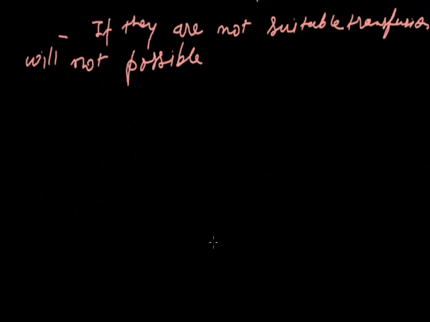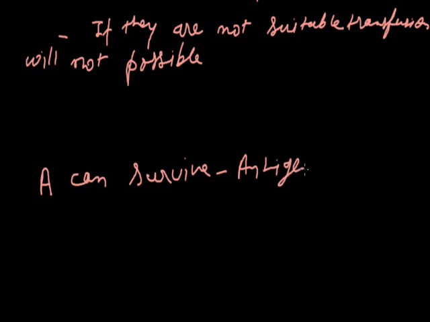Then we can say that this reaction basically shows blood group transfusion suitability. For example, if I deal with blood group A, a person with blood group A can survive when there is antigen A and antibody B. If a blood group A person has antigen A at the surface of RBC and antibody B inside the plasma, they can survive.